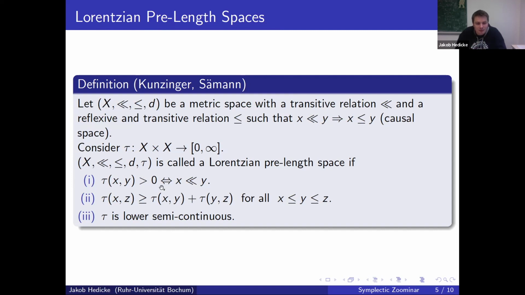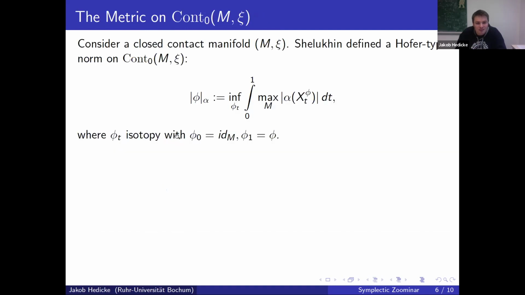A non-discrete, reasonable metric was recently defined by Egor Shelukhin as a contact analog of the Hofer norm on the group of Hamiltonian symplectomorphisms.